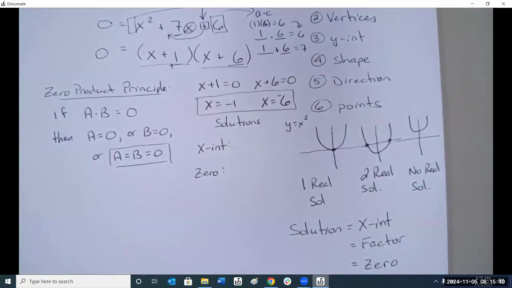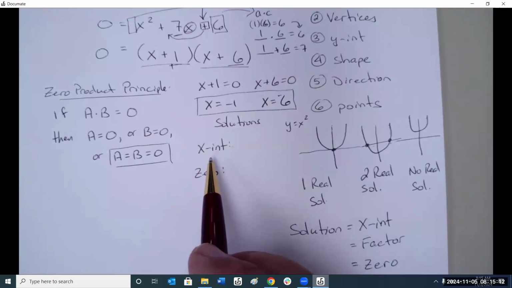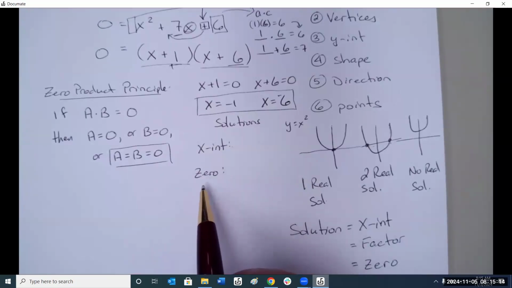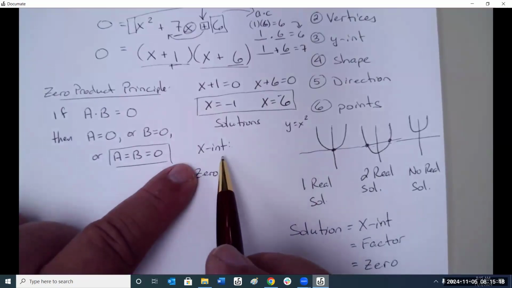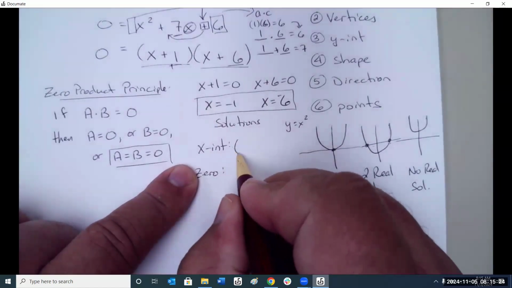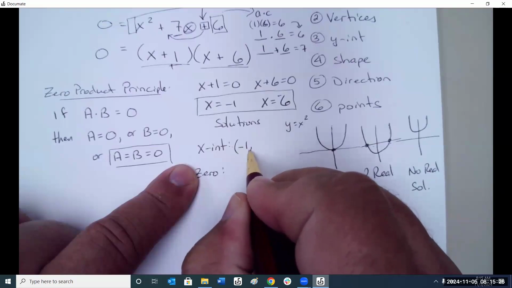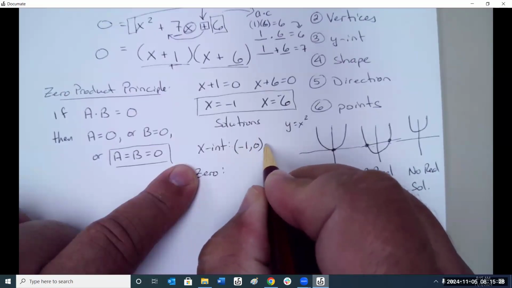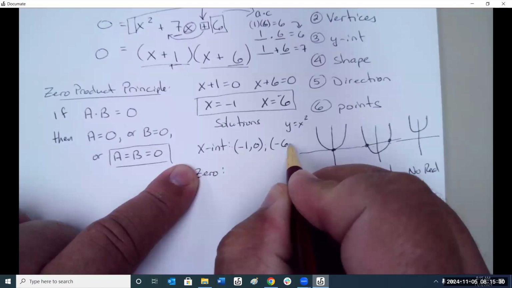Now let's look at the difference between when I ask you to find the x-intercept versus when I ask you to find the zeros of the equation. The x-intercepts are locations. So for the first one, the x-intercept is at (-1, 0), and the second one is at (-6, 0).